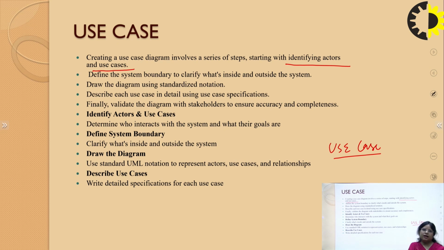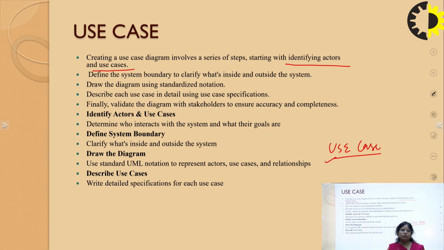If there are mainly 10 functions or 10 modules of a software, we need to prepare at least 10 use cases for that particular software. Next, we define the system boundary to identify what is inside and what is outside.